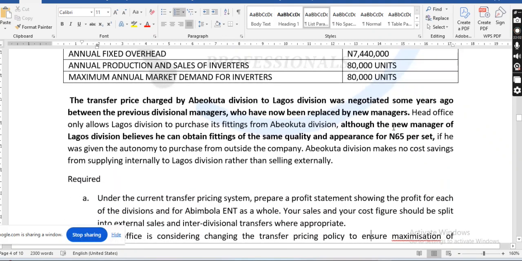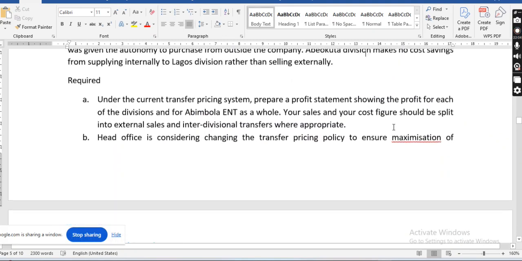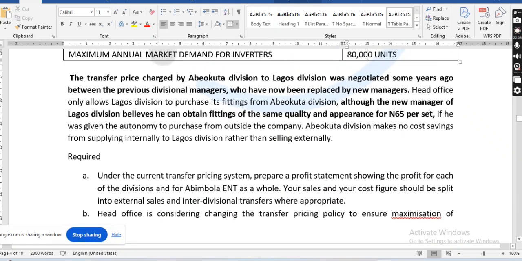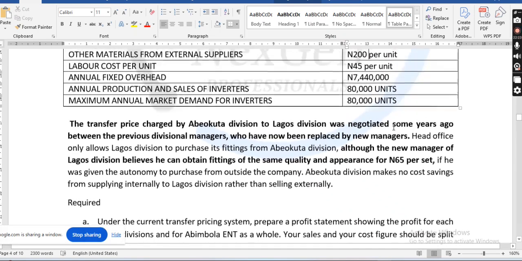Now, what is the required? Under the current transfer pricing system, prepare a profit statement showing the profit for each of the divisions, and for Abimbola ENT as a whole. Your sales and your cost figure should be split into external. So what is the policy here?